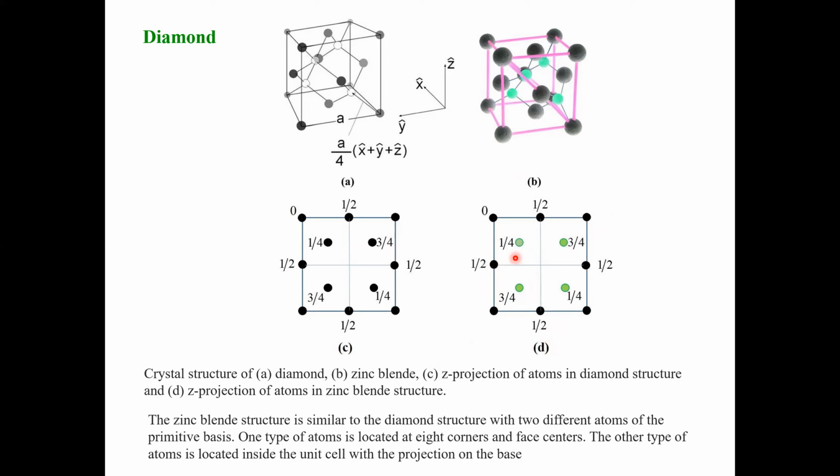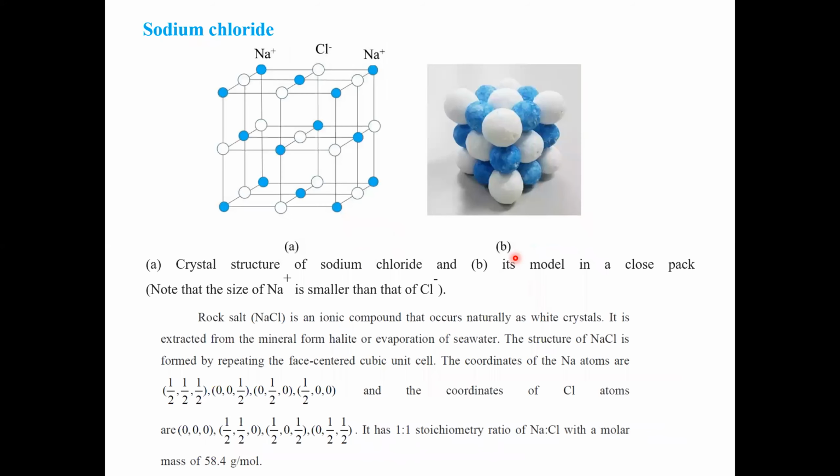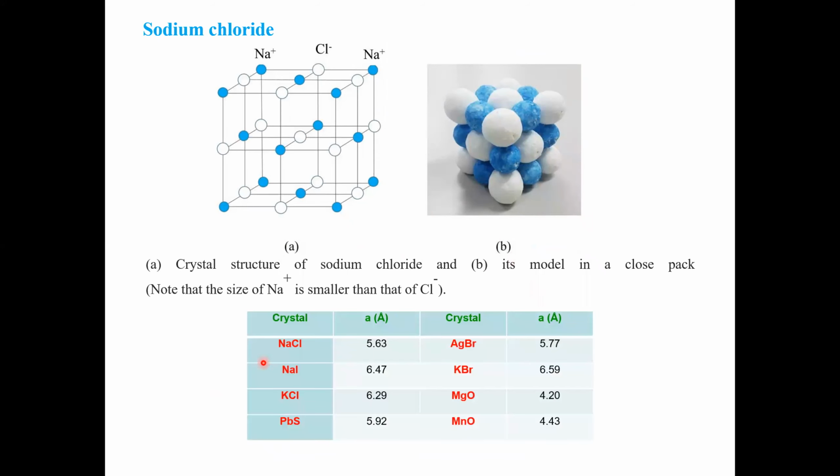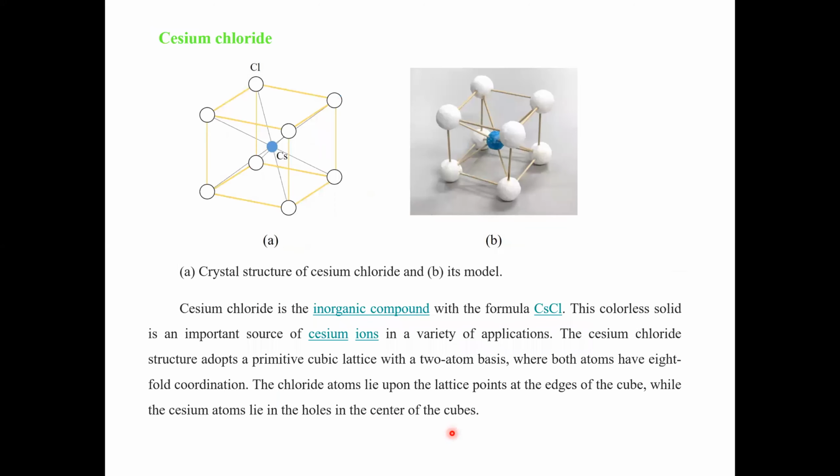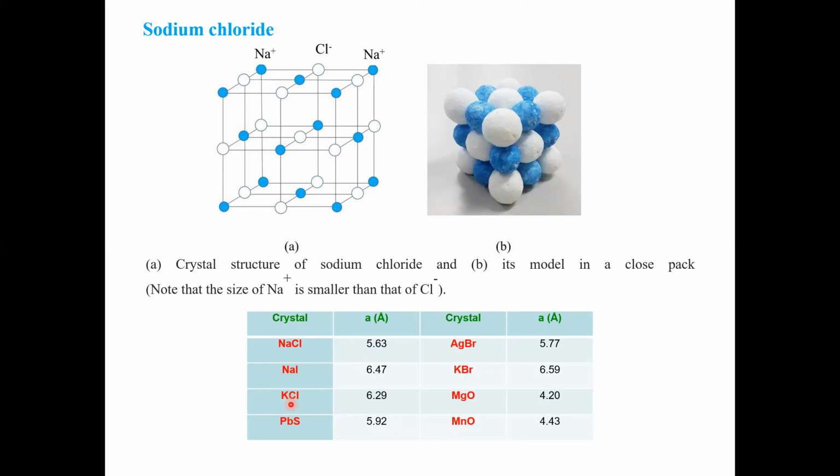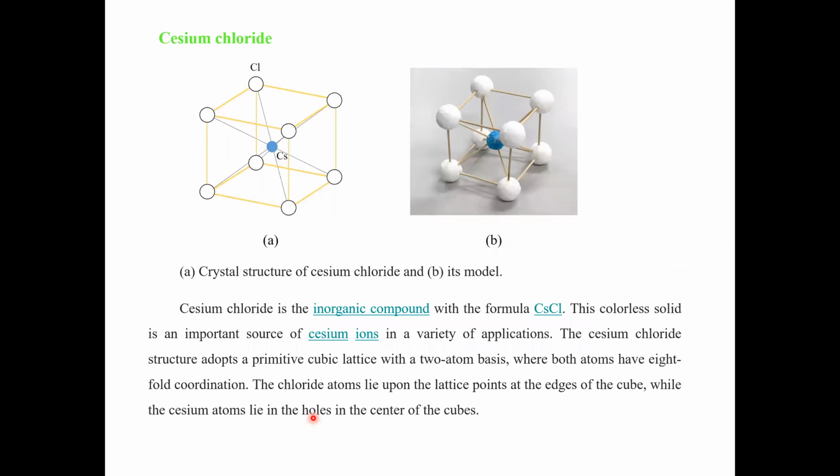That means you have to know X, Y, Z, same as this, X comma, Y comma, and Z comma. These are some examples of crystals with a structure similar to sodium chloride, could be like sodium iodide, okay?